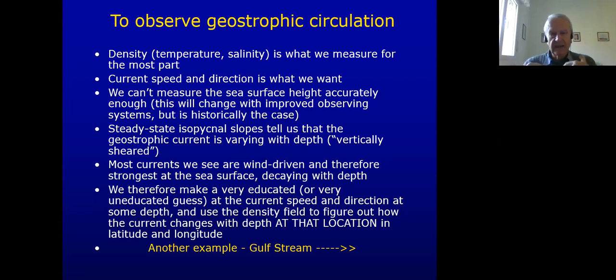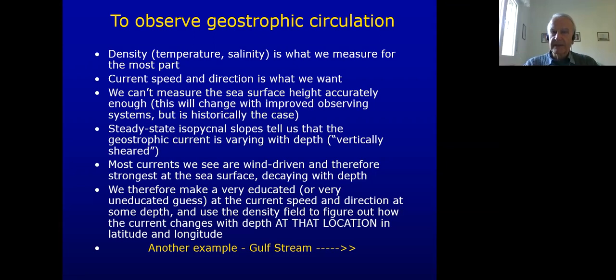You will see later on that we have a whole spectrum of the variability of the currents in the ocean, which depends on the spectrum of the forces which are generating these currents. For example, this is one example.